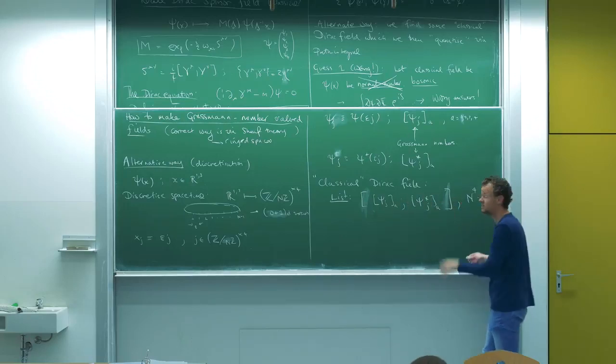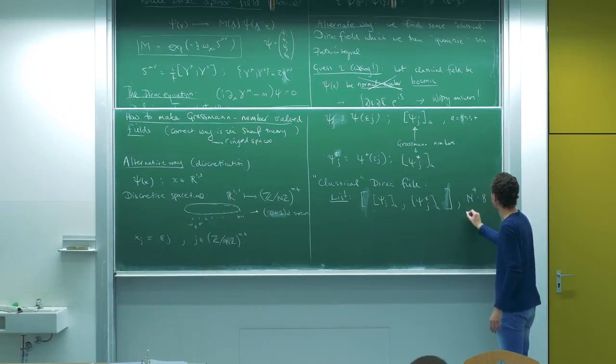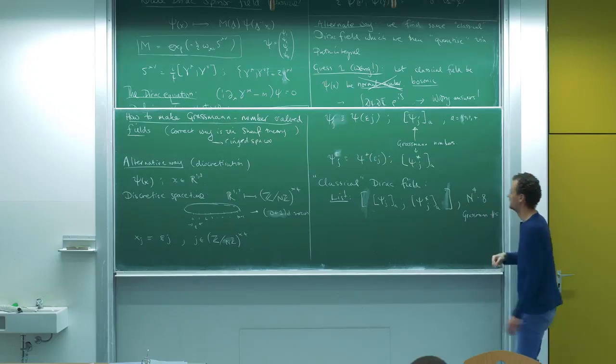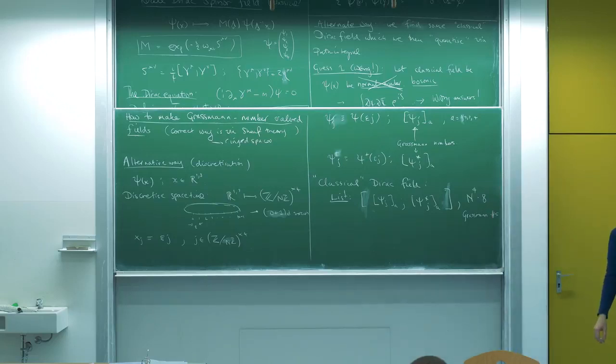So it's actually a list of 8. So a classical Dirac field for us is a list of n to the 4 times 8 Grassmann numbers. You can actually imagine putting this into a computer if n is sufficiently small. It has to be pretty small.